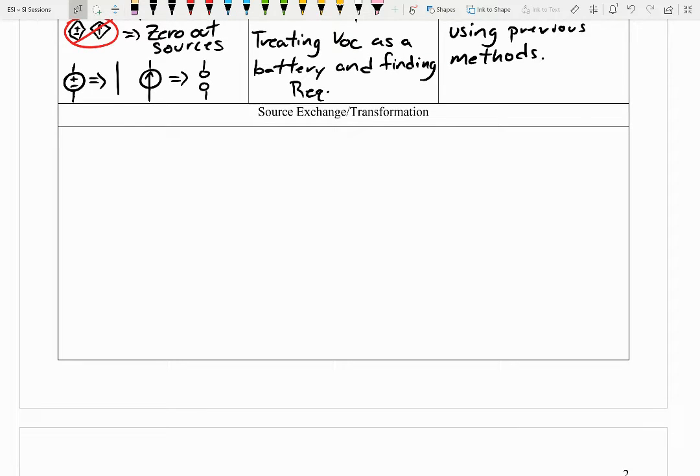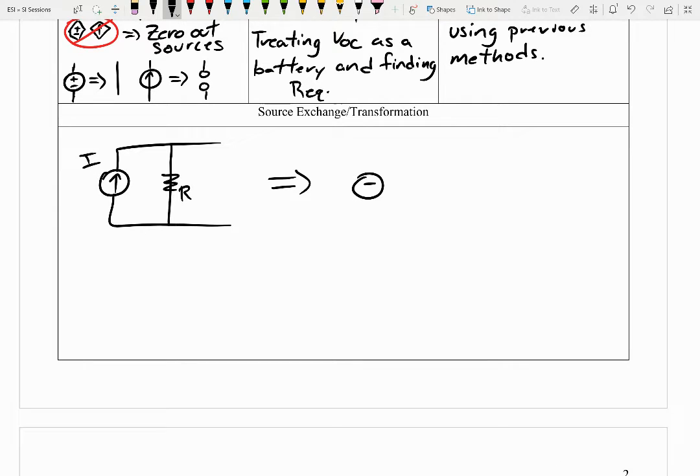So source exchange or transformation, either way, same thing. That's where we're going to turn one source into a different source. What do we mean by that? That means that if we have a current source and a resistor in parallel with each other, we can say that that is the same as saying there's a battery with a resistor in series.